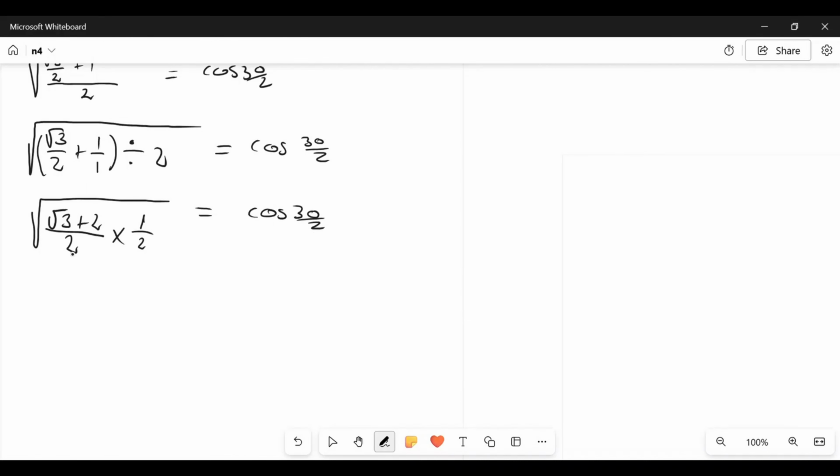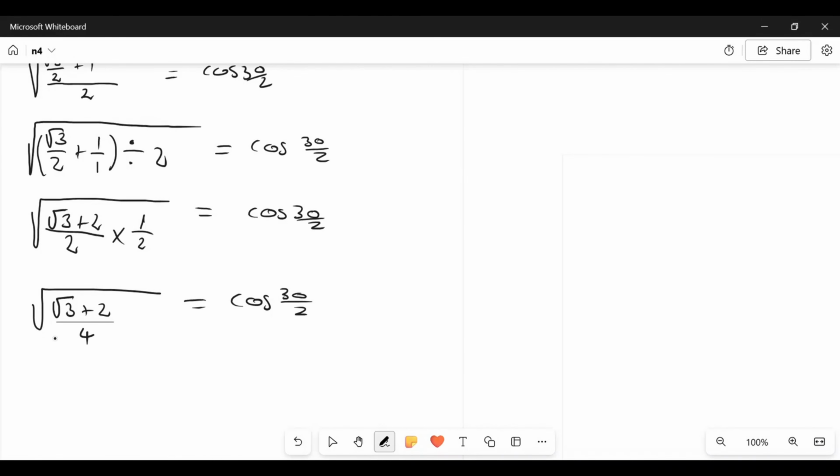From here, we're going to continue and put this under the root. On the numerator, we have root 3 plus 2 multiplied by 1. That is going to give us root 3 plus 2, divided by, on the denominator, 2 multiplied by 2. This is going to give us 4. All this is equal to cos 30 divided by 2.